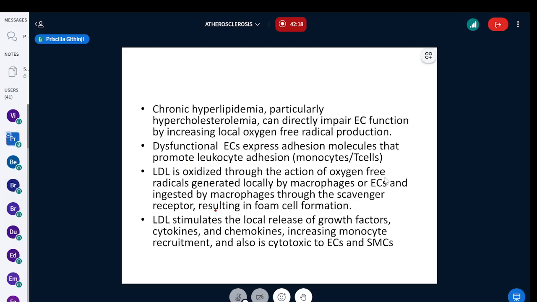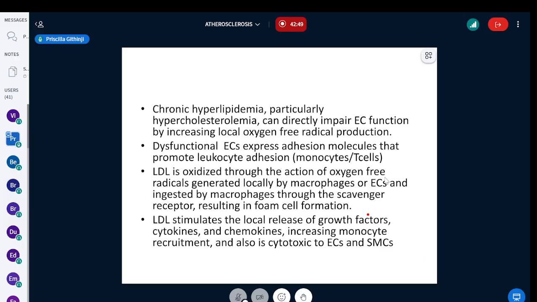These dysfunctional endothelial cells, once they're damaged, express adhesion molecules that promote leukocyte adhesion, particularly monocytes and T cells. Your LDL is oxidized through actions of oxygen-free radicals that are usually generated locally by macrophages or endothelial cells, and they are ingested by macrophages through a scavenger receptor, resulting in foam cell formation.